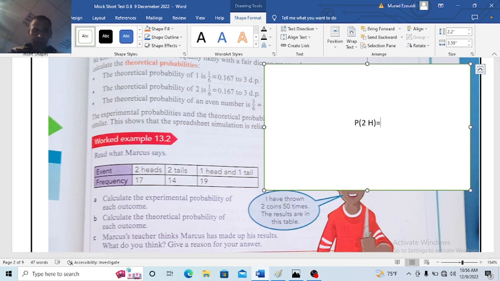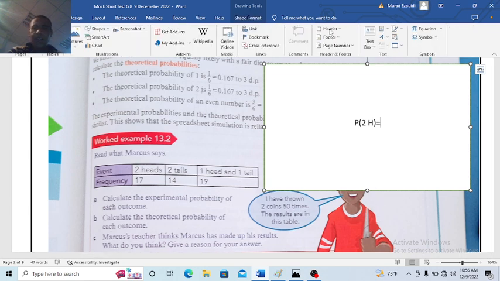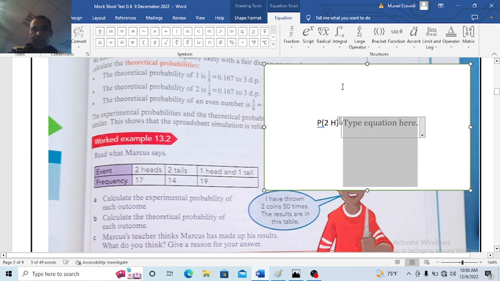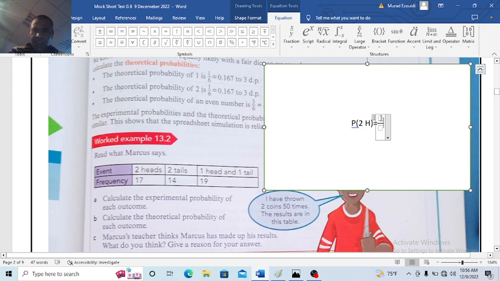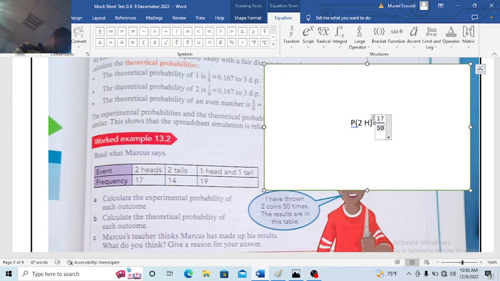So it will be equal to 17 divided by 50, and you can change this to a decimal number. 17 divided by 50 is 0.34.